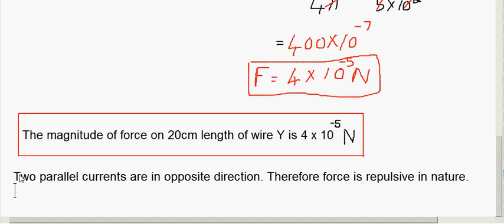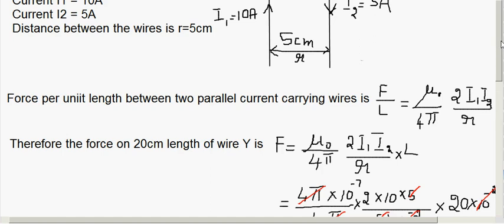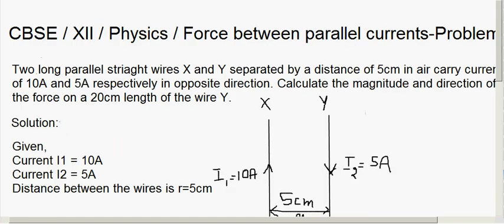So, F is acting away from wire X. Now the force F will act away from X. So this will be the force F. Repulsive in nature, therefore force on Y will be acting away from X.